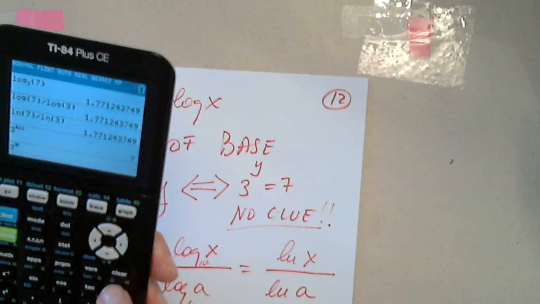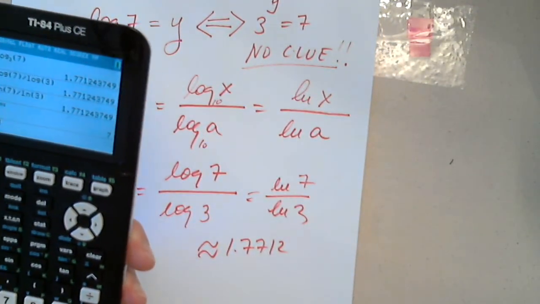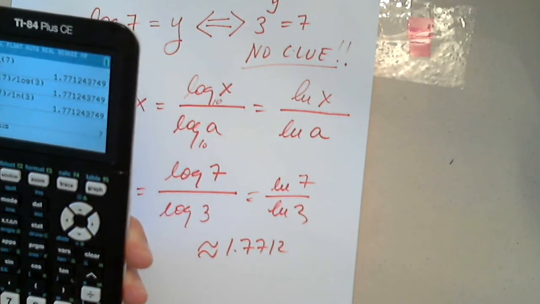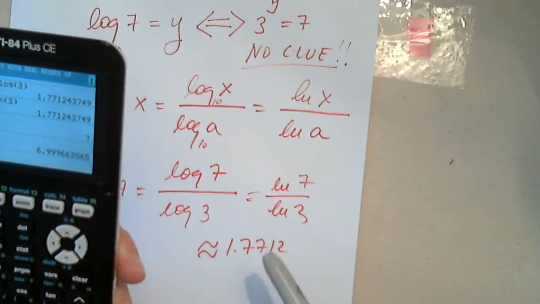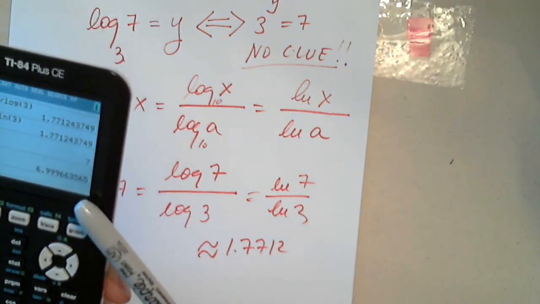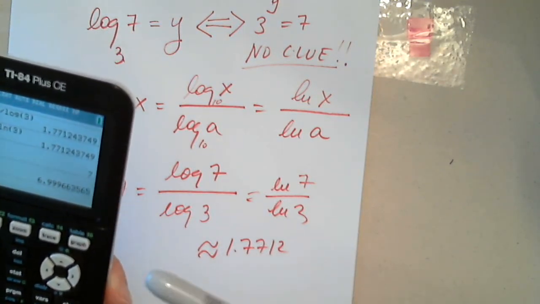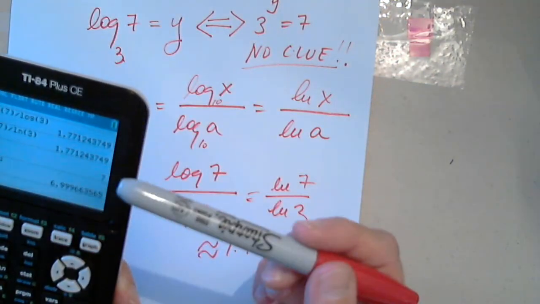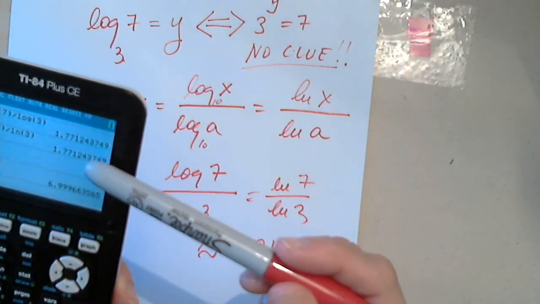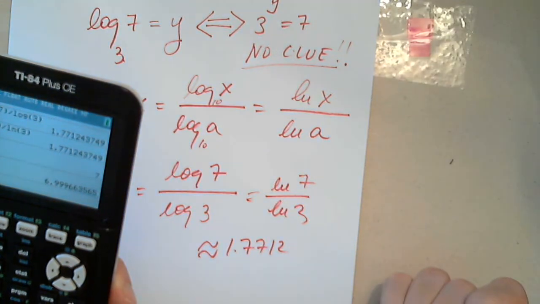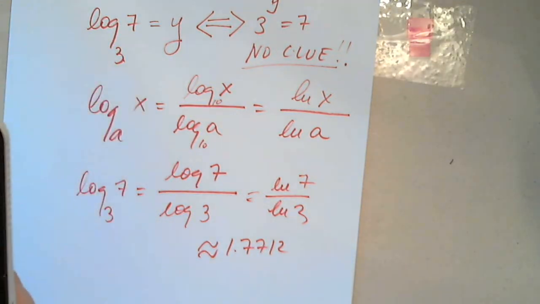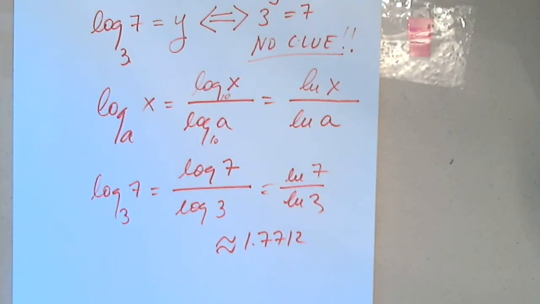If I put the 3 to the power of this approximation, 1.7712, and I hit enter, I will never get 7. I will get very close, but not 7. But if I ask the calculator to raise 3 to the previous answer, I will get the exact number. And that's how the change of base works.